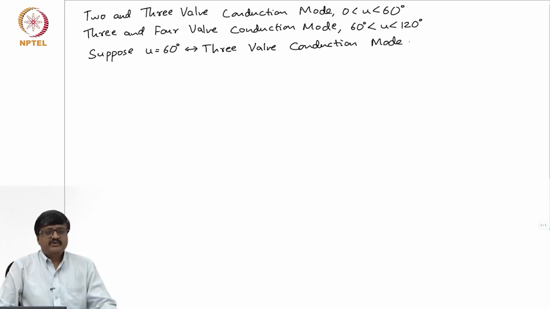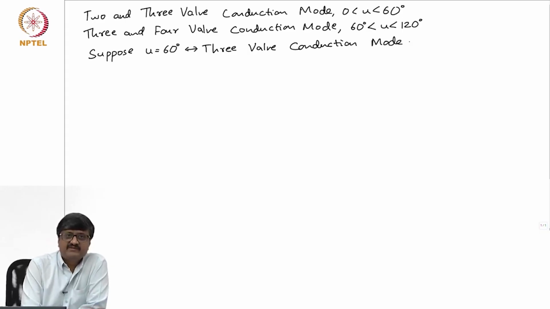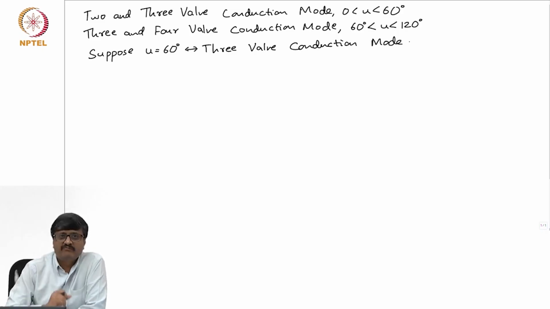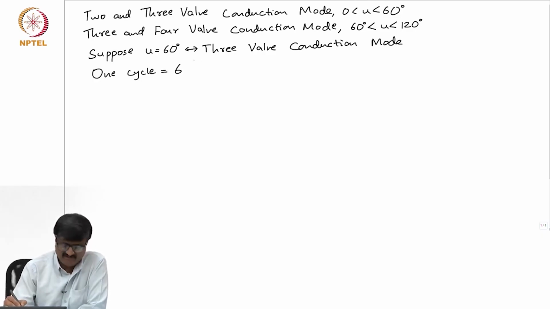So we can try to do the analysis as we did for the previous 2 cases. In order to do a steady state analysis, we need to consider only one cycle, in fact only one interval. One cycle of the AC side voltage or current equals 6 intervals.